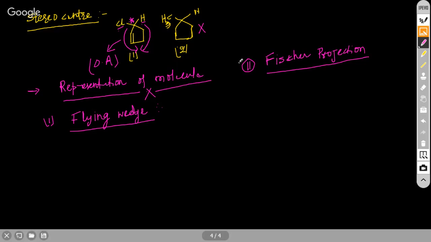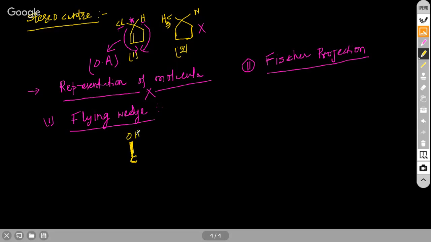Now, what is the flying wedge representation? Suppose we have a carbon attached to four different atoms or groups.